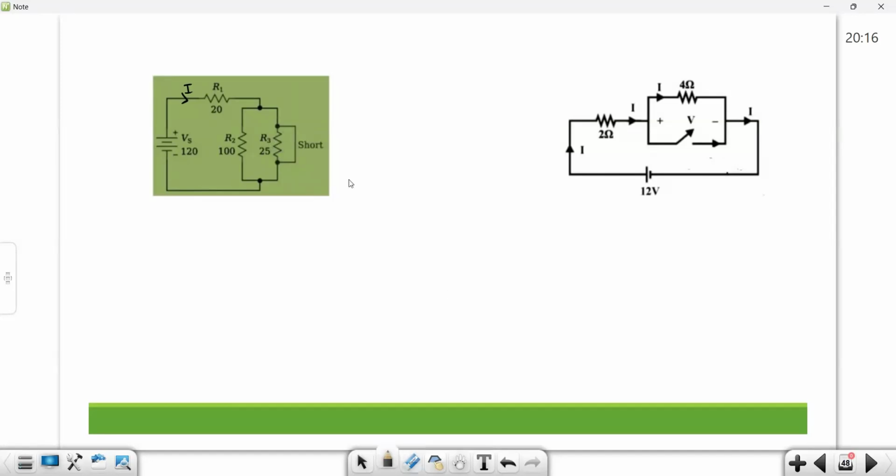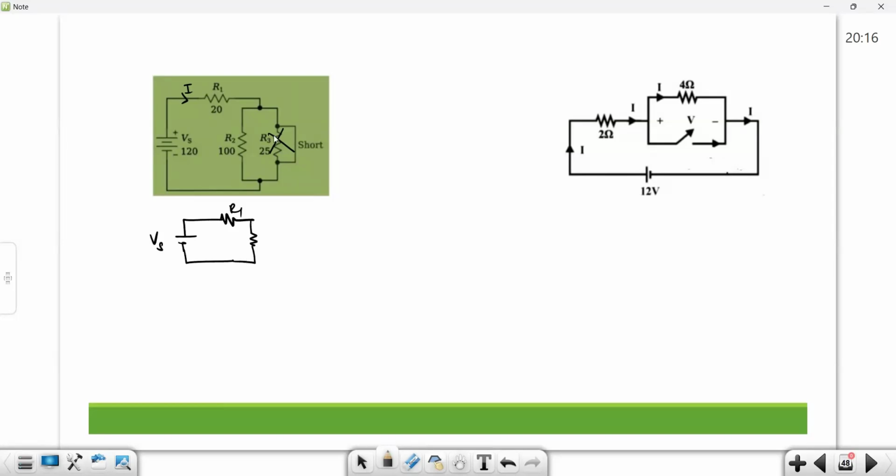Now, whenever you see a short across any element, you remove that element first and calculate. What is the remaining one? You redraw. This is R1, this is Vs, this is R2.